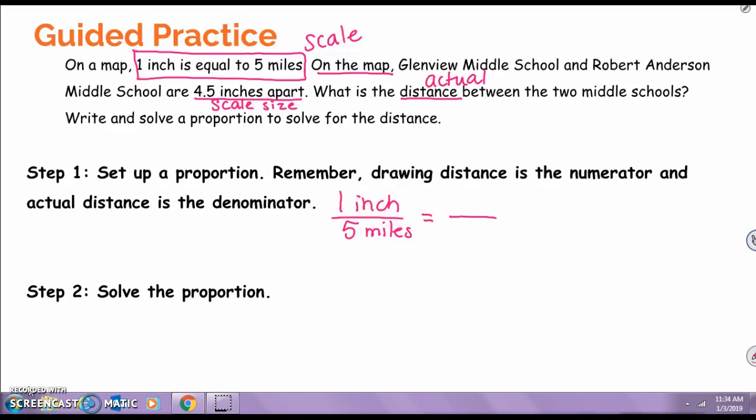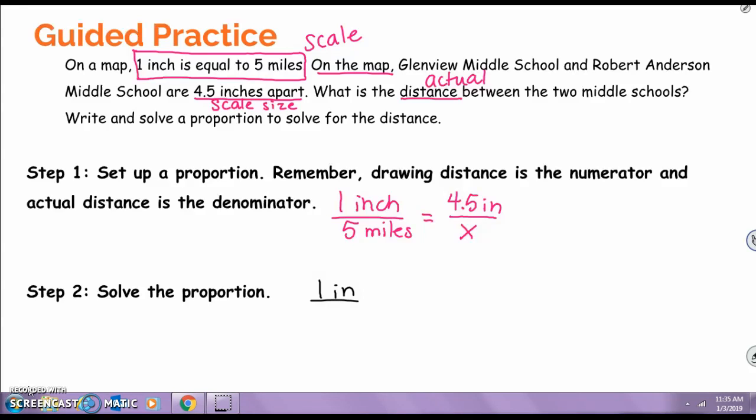For our second ratio, we are trying to find the actual distance, so x is our denominator, and we see that on the map, the two middle schools are 4.5 inches apart. So we have inches set equal to inches, and then miles set equal to miles, because we are trying to find the actual distance. To solve a proportion, we are going to cross multiply.